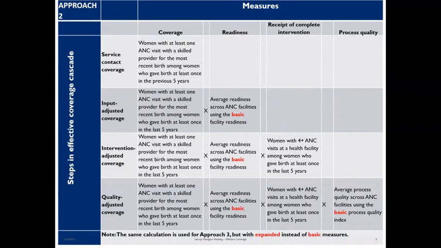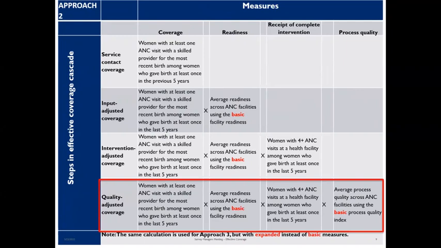Now for approach 2, which combines DHS and SPA data, we have a similar table, but with more data. More of the cells are filled in. So you can see in the second column, since we are using SPA data, we now have this facility readiness data. So to calculate input adjusted coverage, we multiply that same DHS coverage measure with this facility readiness measure.